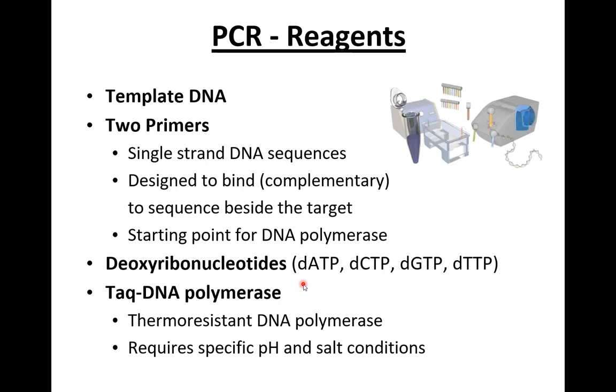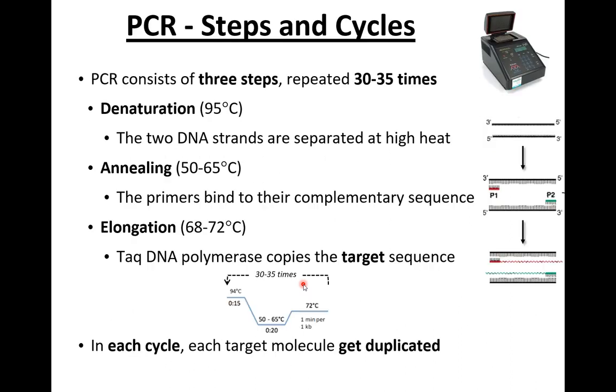Now obviously, together with that, since you're using an enzyme, Taq DNA polymerase or another DNA polymerase type, you would need some sort of buffer that would optimize the salt concentration and the pH to maximize the activity of this enzyme. But as you can see, this is a simplified version of DNA replication, however designed to copy a specific target, minimizing the number of reagents that are necessary to do that.